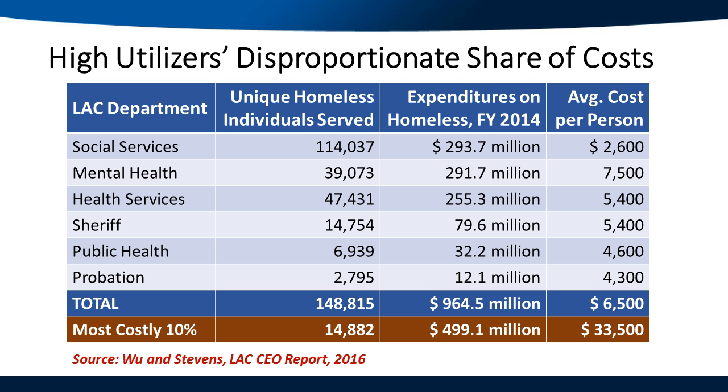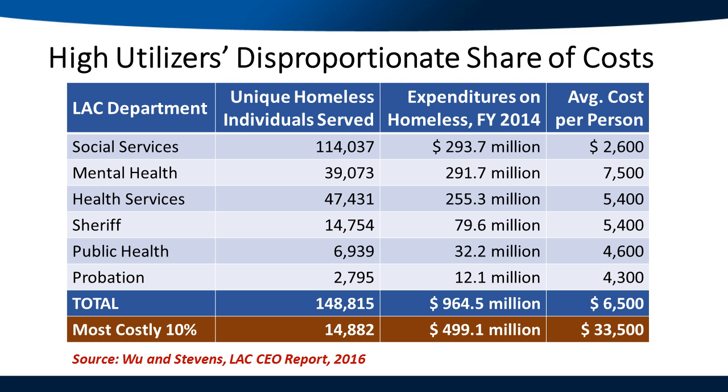The second thing I want to highlight is the last row, where if we look at just the top 10%, the highest utilizers of services, which are just under 15,000, they accounted for more than half of these expenditures. So it's $500 million of these expenditures that are accounted for by only 15,000 individuals. And the average annual cost to the county of those high utilizers was more than $30,000.